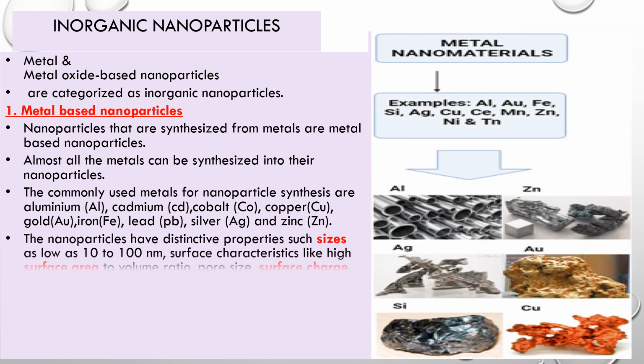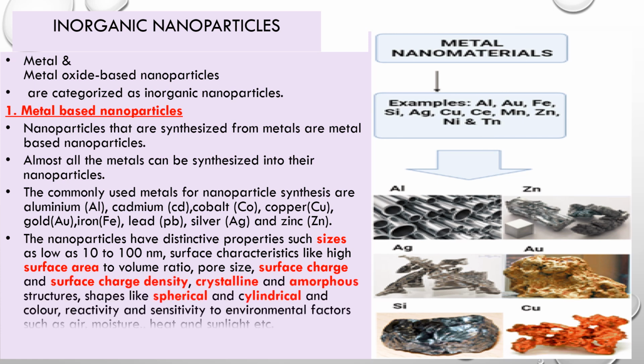These nanoparticles have distinctive properties such as size, surface area and volume, surface charge, surface density, crystalline and amorphous structures, shapes like spherical and cylindrical, and color also. So they are sensitive to environmental factors such as air, moisture, heat and sunlight.